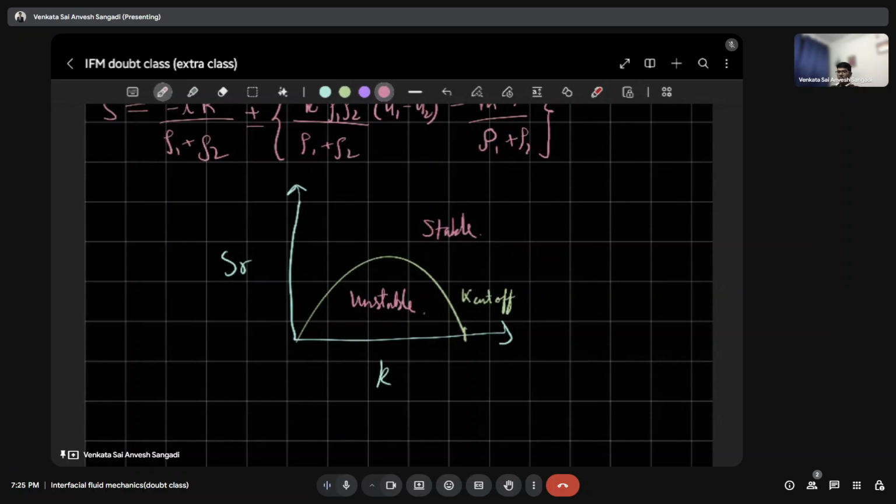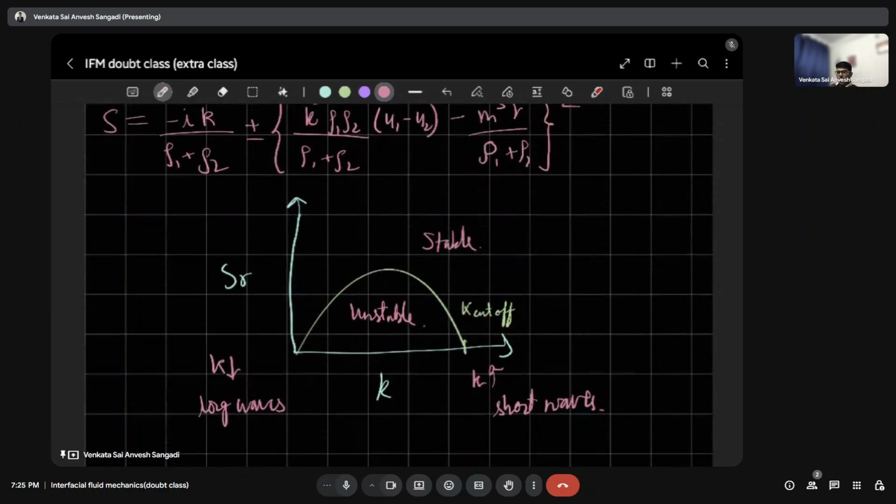Whenever k is small, we have long waves, and when k is high, we have short waves. So for different configurations, we see the stability and instability.